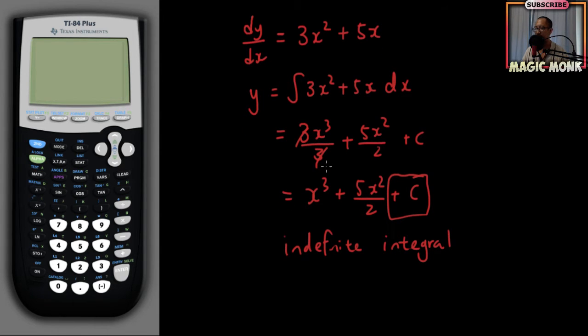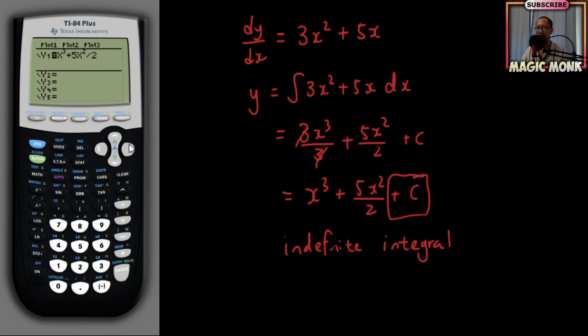Now, if you try to graph this equation, so if we turn on the calculator and I go to graph and I clear some of the things that I've graphed before. So if I type in x cubed plus 5x squared over 2 and then I just graph it, I get some sort of equation here, but I don't know what c is, so I haven't put it in there.